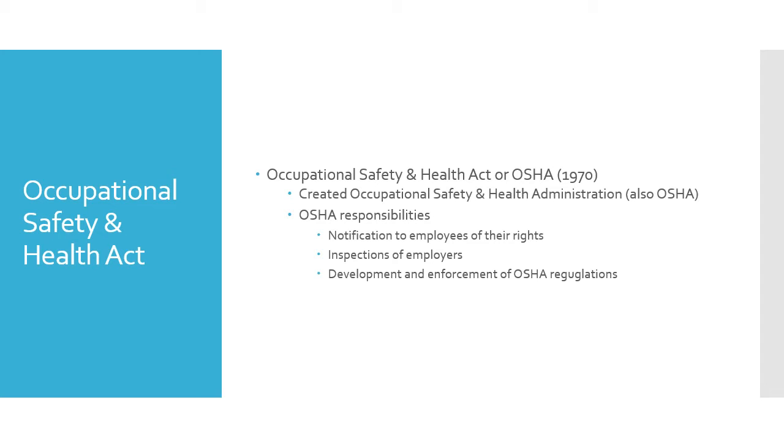So if you have a workplace and an OSHA inspector shows up and it results in a citation or a violation that causes a monetary fine to your company, and you disagree and you would like to appeal, that appeal takes place in an OSHA courtroom in front of an administrative law judge who really only hears OSHA cases. That is your trial, so to speak, and of course the appeal goes into the federal court system. But that's what OSHA does.